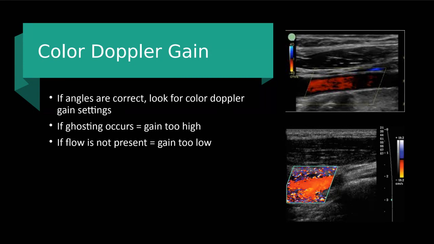So this top picture is representing a Doppler gain setting too low. We have a nice relationship between the vessel and the color box, but we're still not getting that vessel filling in beautifully. And then that representation on the bottom there is our gain setting too high. So those we just want to be aware of. We can create pathology in both of those scenarios.